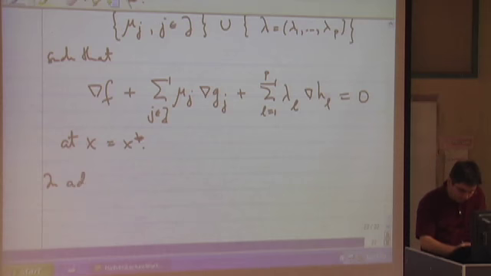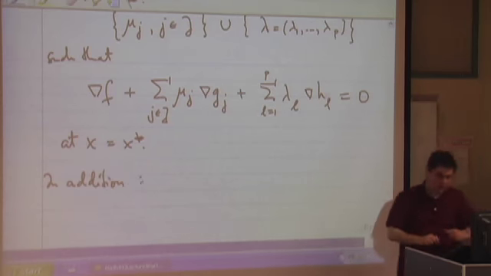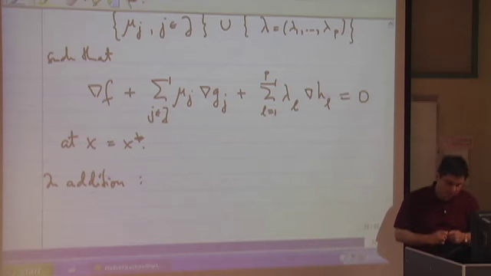So in addition, if it's an optimal solution, so if it's a minimum, this happens. But in addition, there is something else that happens.